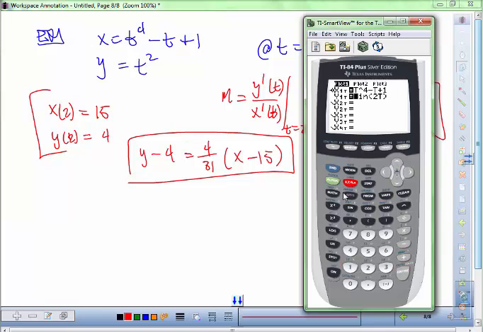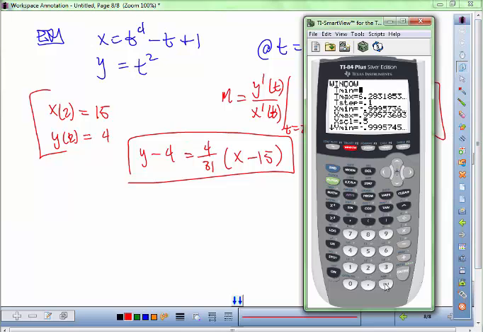And then t squared. And then I'll adjust my window this time to get my t values. I think I went from -2 to 4 or something, or -2 to 2.